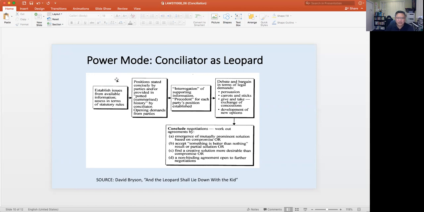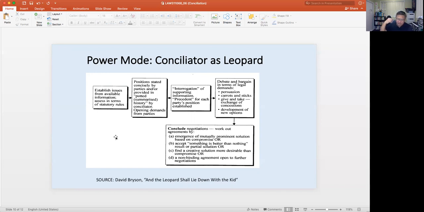As I mentioned, what the conciliator does is to establish issues from available information and assess it in terms of statutory rules or the relevant legal principles. It is essentially law-based in terms of the framework, the lens by which a conciliator tries to examine the conflict or the dispute between the parties.